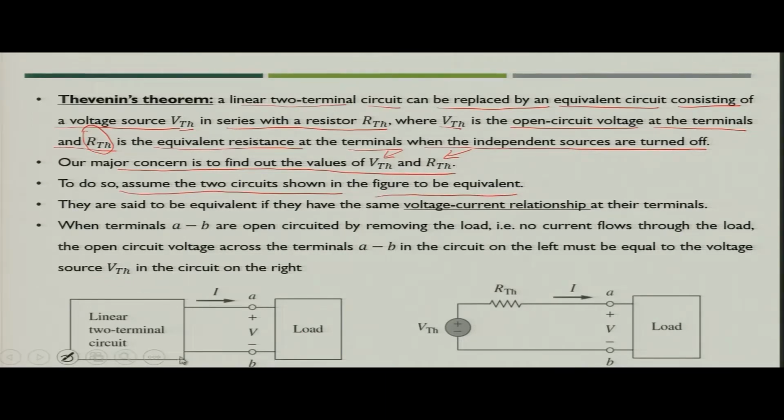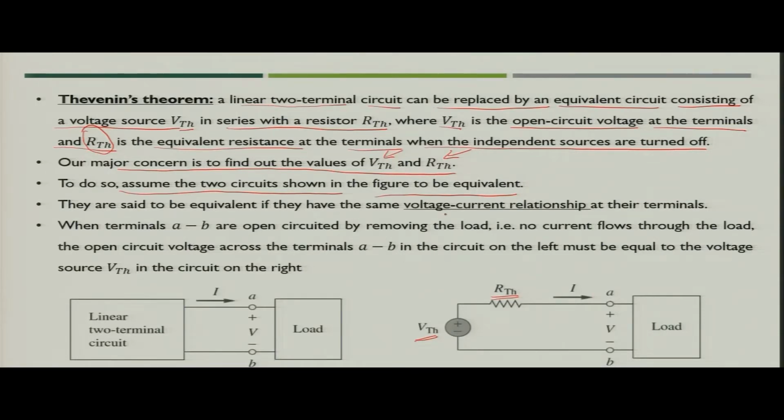There is an unknown linear network where we do not know what is inside, and outside that linear two terminal circuit we have connected a load across terminals A B. The voltage across terminals A B is V, and the current flowing into the load from the external circuit is I. If we replace the external circuit with the Thevenin equivalent, that is, Thevenin voltage VTH in series with one resistance RTH, and the V-I characteristic at these terminals is the same, then this circuit will be considered equivalent to that external circuit.